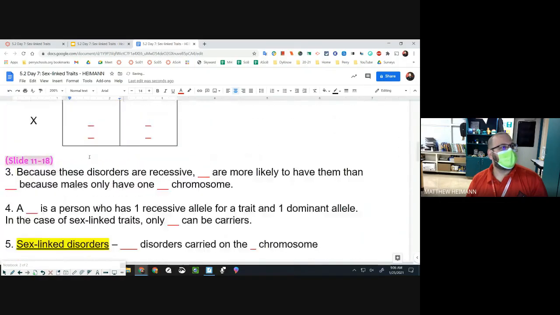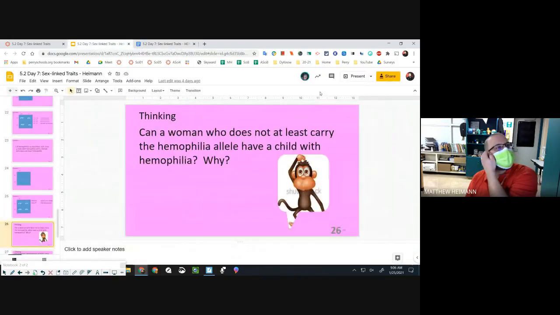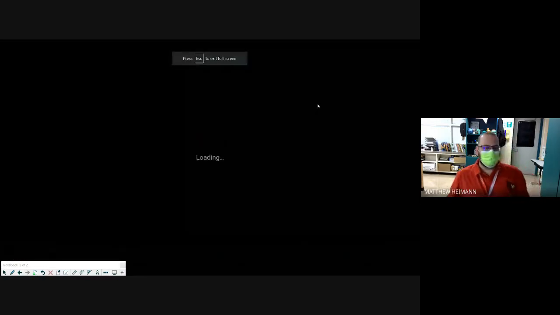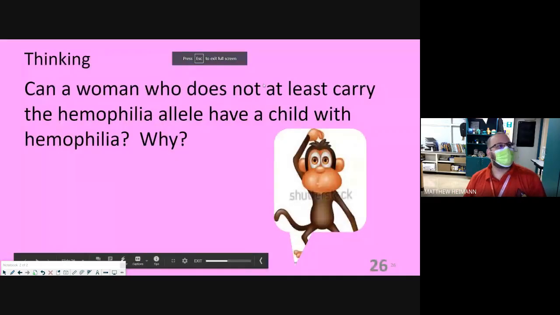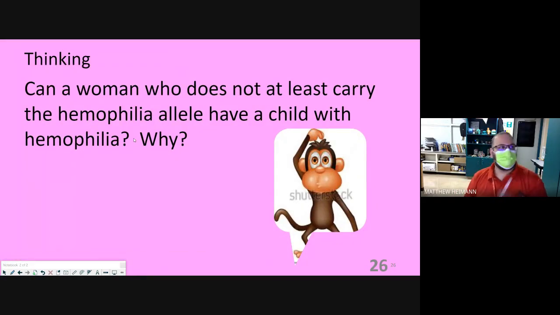Anything else? No. All right, so thinking, can a woman who does not at least carry the hemophilia allele have a child with hemophilia? Why or why not?